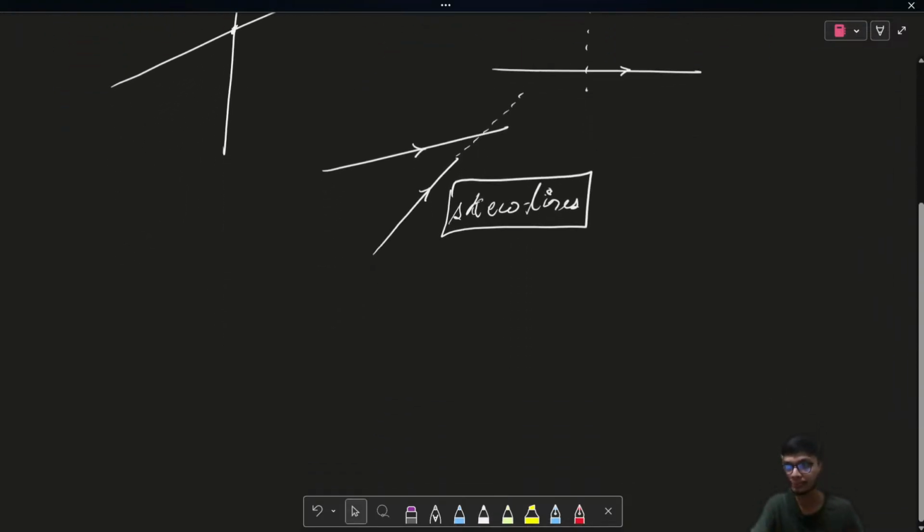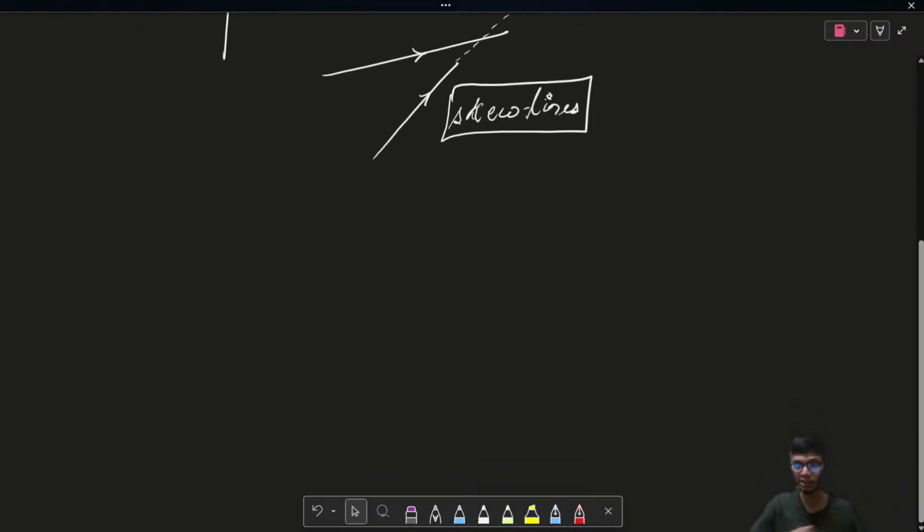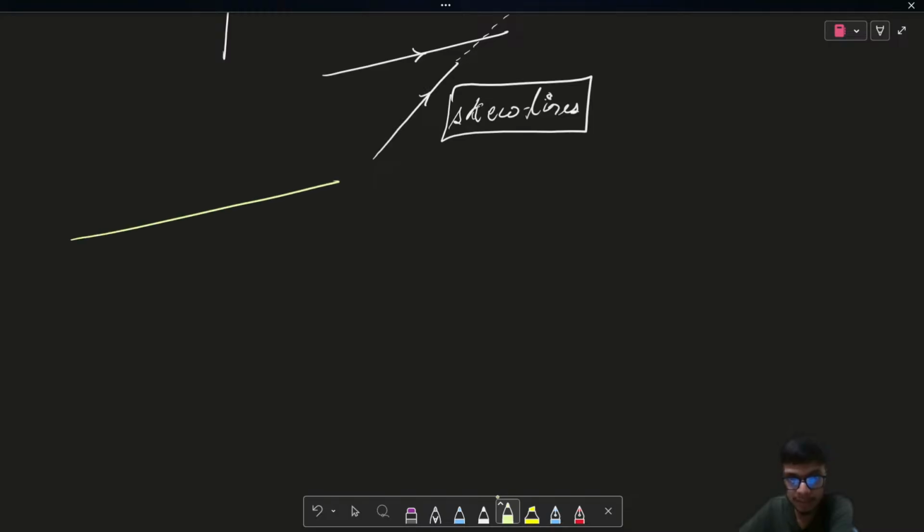So let us try to develop the theory one by one. Okay. So if we first plot these two lines so as to formulate the problem, let us take my first line, that is L1, and let us say this is my second line, L2. Okay.